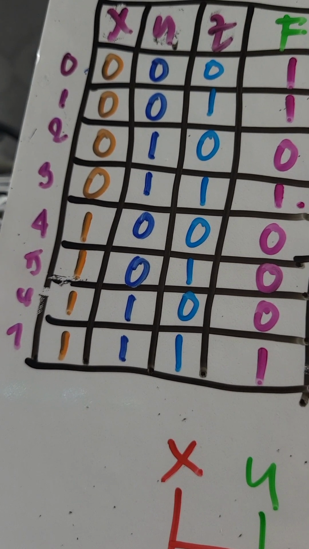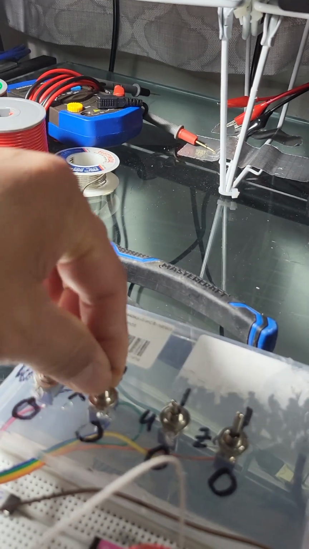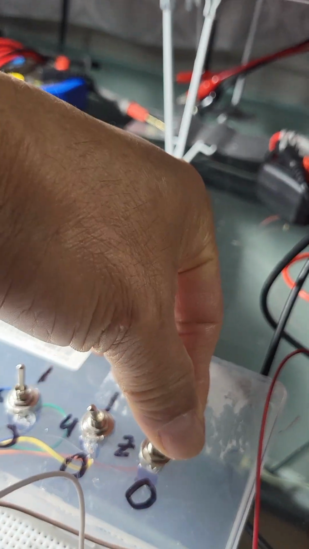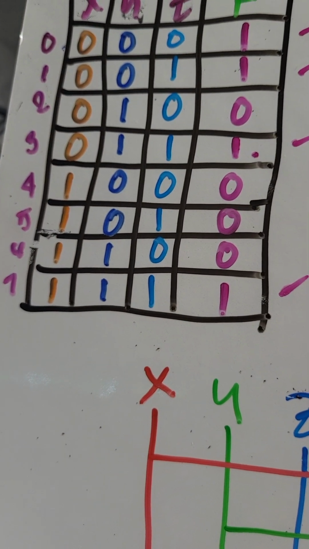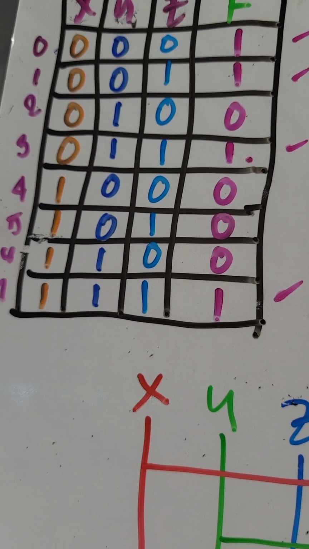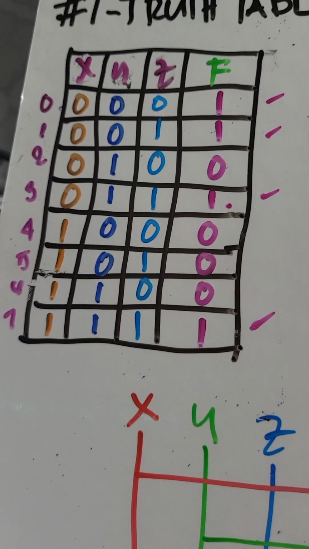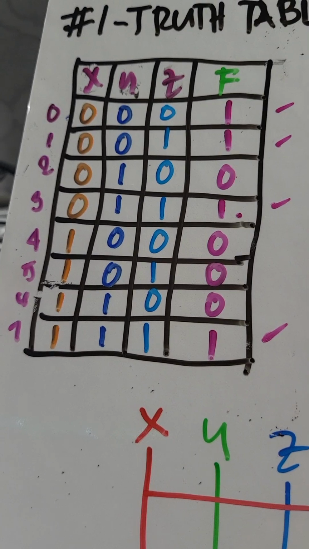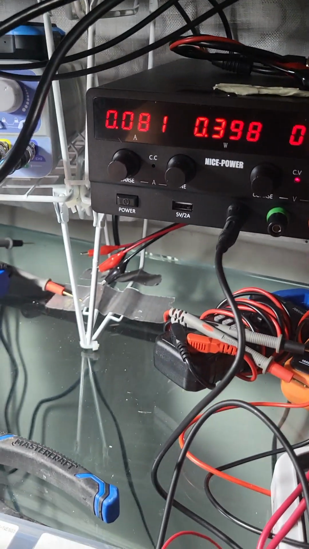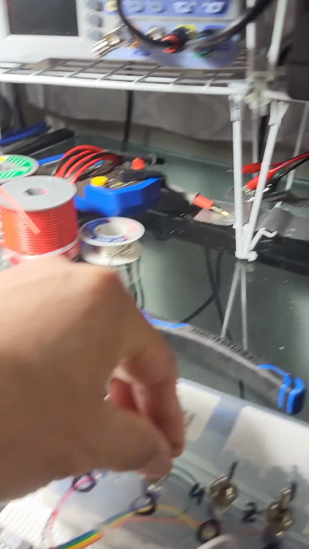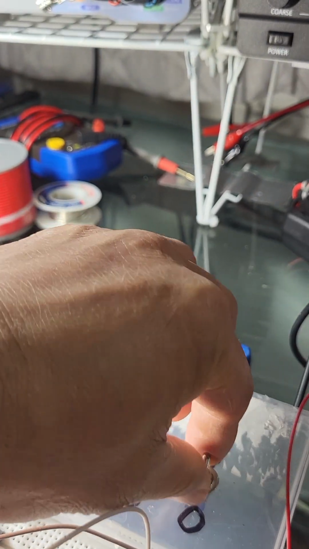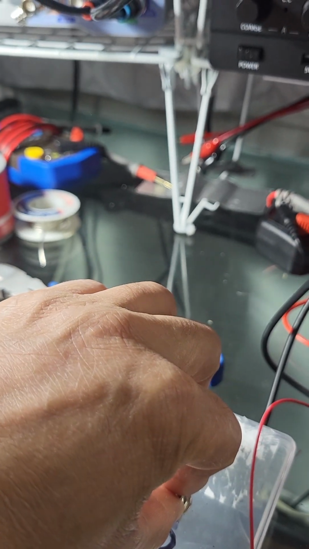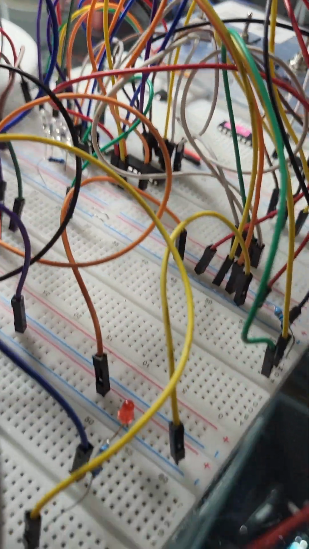Number 5, 1, 0, 1. And number 6, still 0 output, 1, 1, 0. X is 1, Y is 1, Z is 0. Okay, so the output is 0.